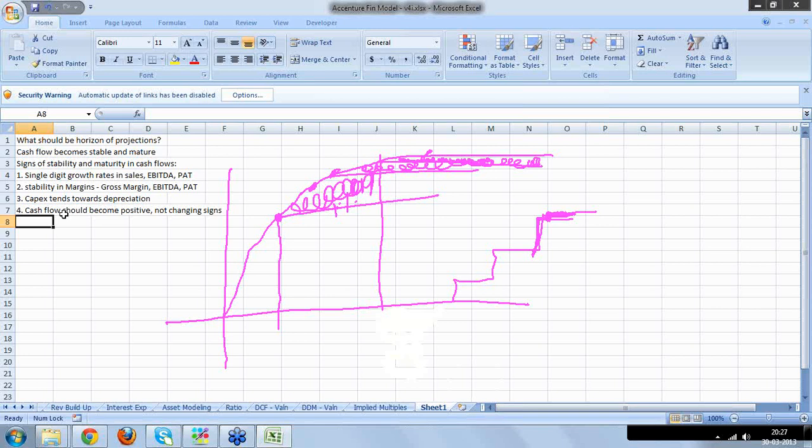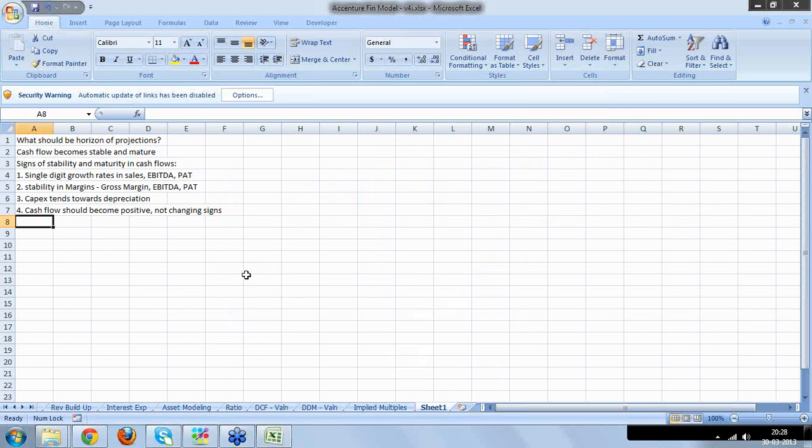So if that is the situation you encounter in your cash flow, then understand that DCF may not give you the right value that you are looking for. You have to look for an alternate method which will give the valuation.